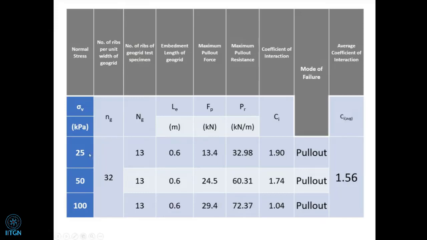As soon as we increase our normal stress up to 100, the CI decreases to 1.04. This is the kind of trend we normally observe: if you increase the normal stress, the coefficient of interaction decreases. The mode of failure in all the cases was pull out. There was no damage to any of the ribs. The average value is 1.56.